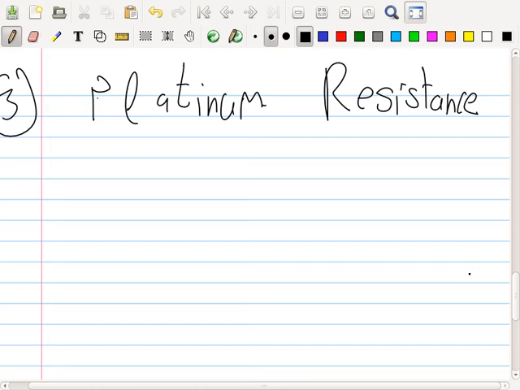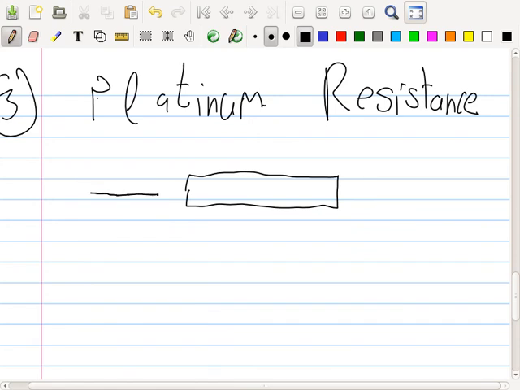So they have a diagram here. What they're saying is the electrical resistance of pure platinum wire increases with temperature. I don't want to talk too much about this because we haven't done electricity yet. But for example, here's your platinum, and maybe here's a battery.